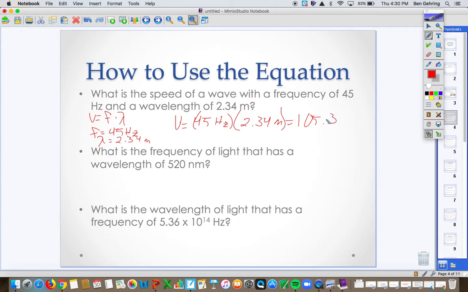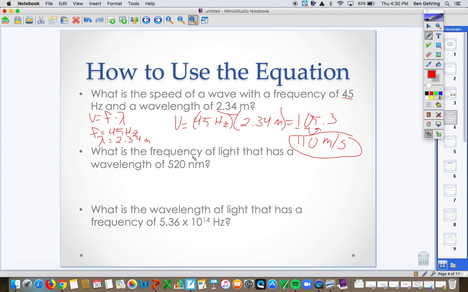And then if I'm going to do this correctly, we're going to look at significant figures. I have 2 here and I have 3 here, so we're going to round this. I need 2 sig figs, so 1, 2. I'm going to look 1 to the right. The 5 rounds it up. I have a speed of 110 meters per second. That would be my speed.